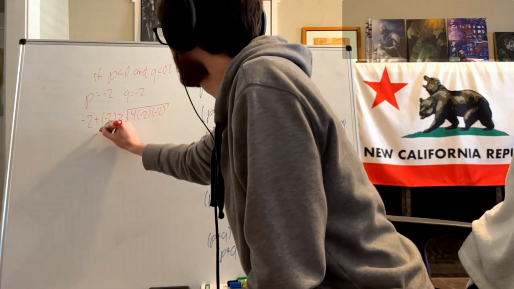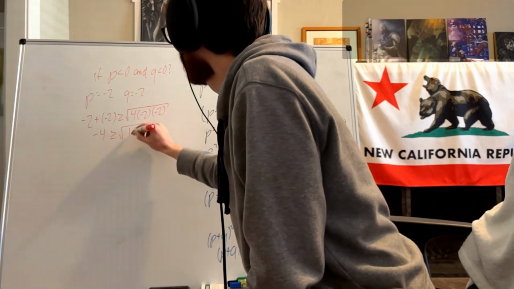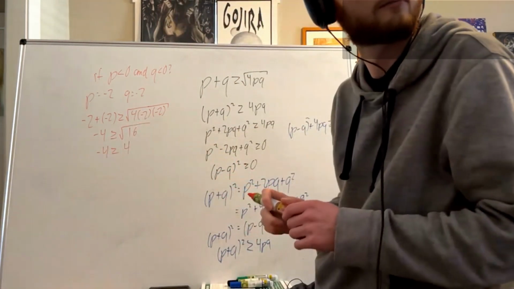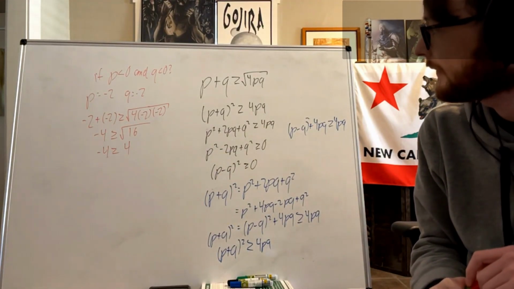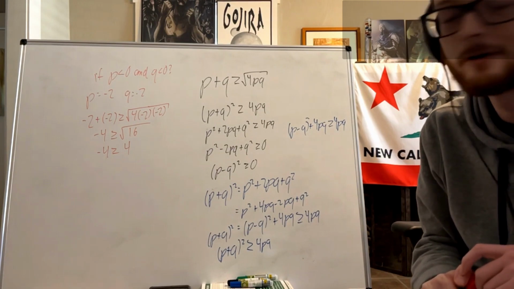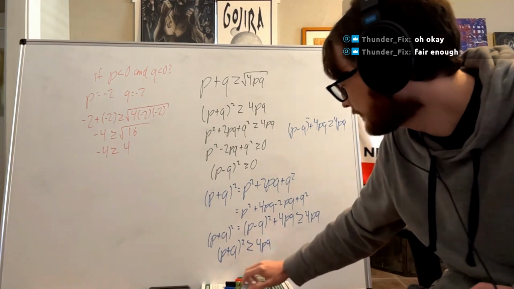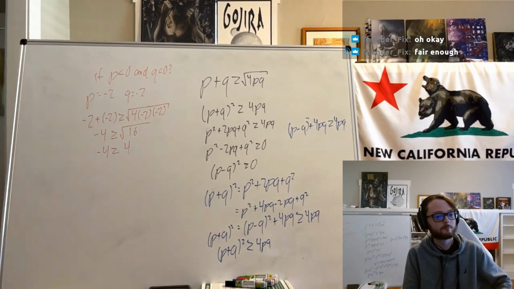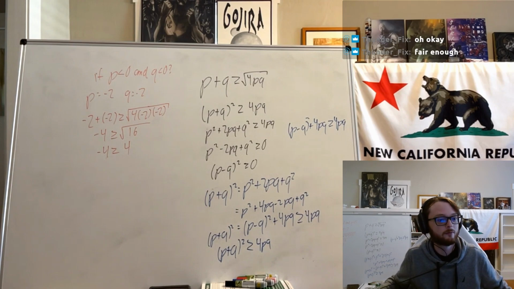So on the left side we get -4 greater than or equal to root 4 times 4, which is 16. -4 greater than or equal to 4. That's certainly not true. And I can't think of negative numbers where this would work, because on the left side you always get a negative number. So when they just ask you to show a counterexample, you don't need to.